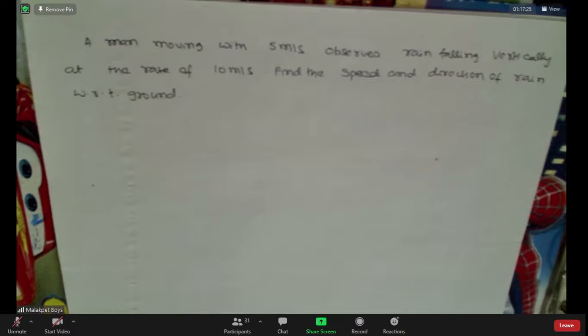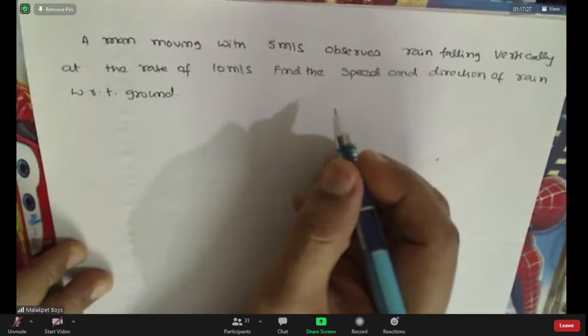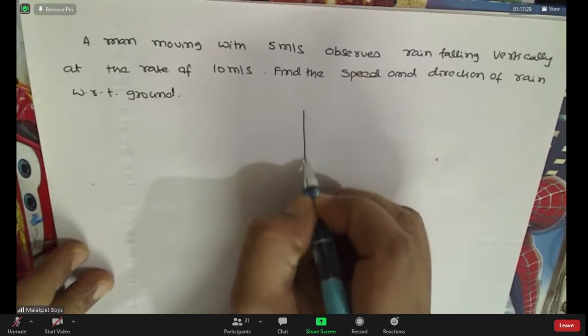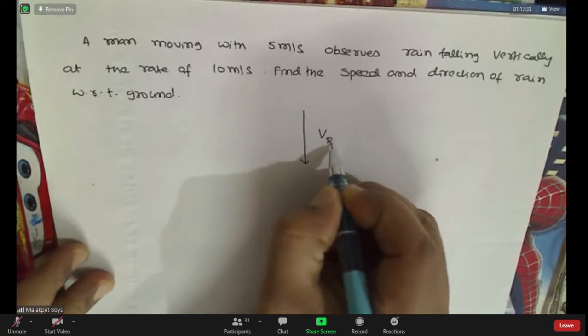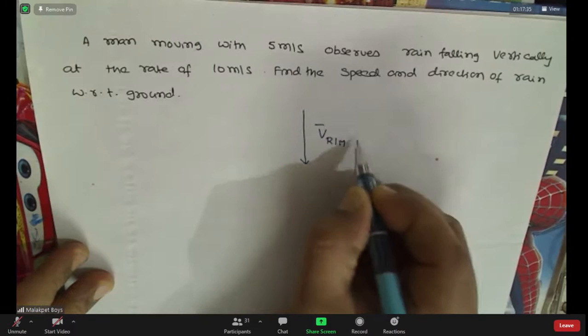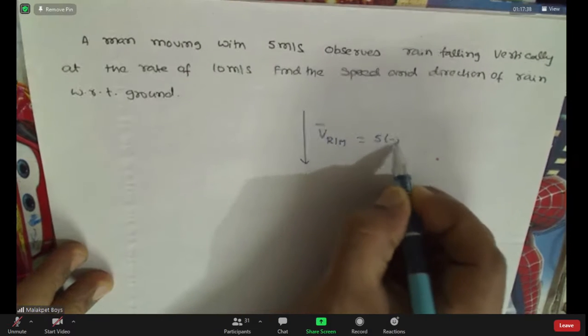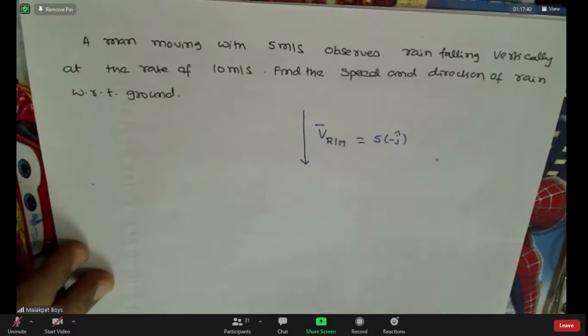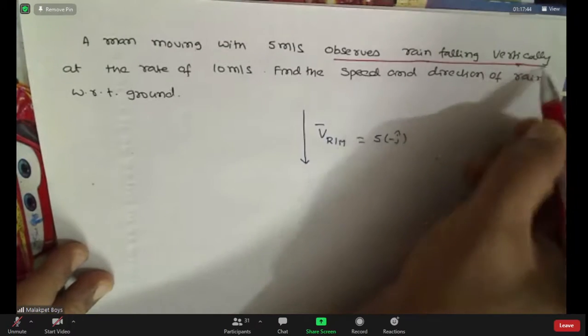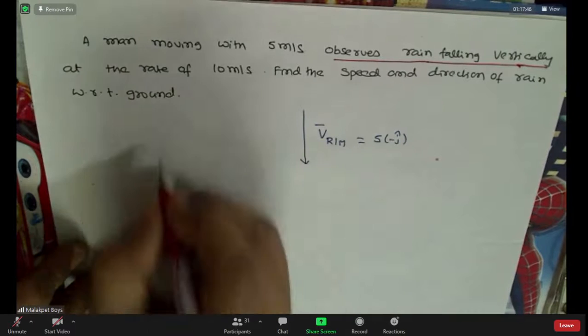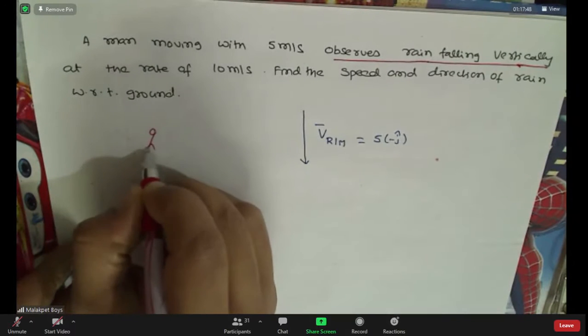So here he says rain is falling vertically. That means the velocity of rain with respect to man is given directly. Observe that rain is falling vertically. Do you agree? And say man is walking in this direction.